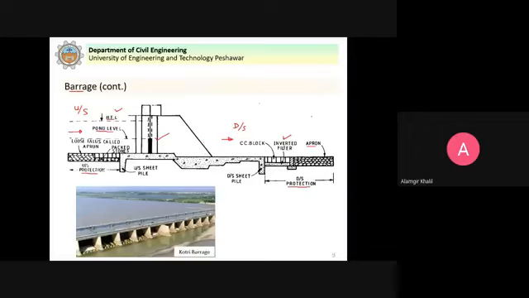So this is a photo of the Pottery barrage, again in Pakistan. You can see here that this barrage consists of a series of gates, and the water level is raised upstream, and the water is diverted to the canals.